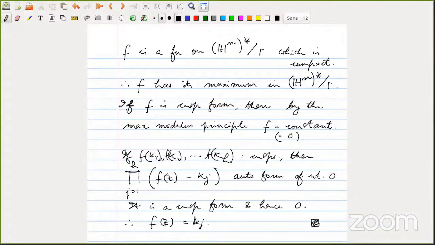I wanted to use k, but then I thought that k is the weight. So f(kappa j) here. Maybe now this is better. And of course, when you say f has its maximum, you probably mean mod of f. Mod of f, yes. Mod of f, in your second line, yeah.